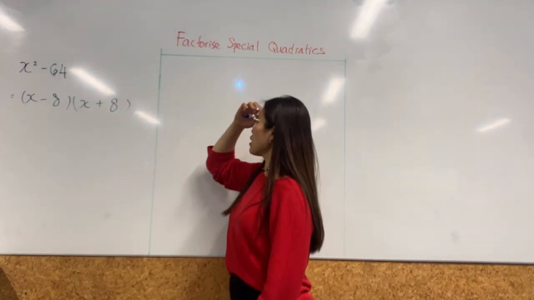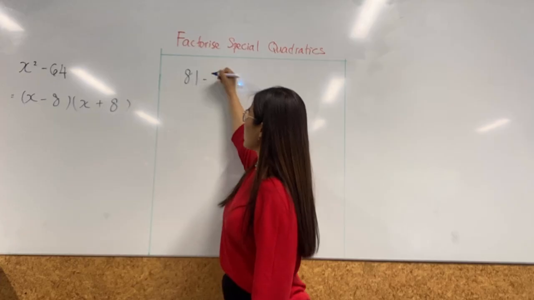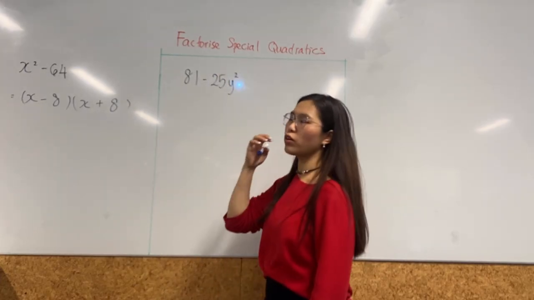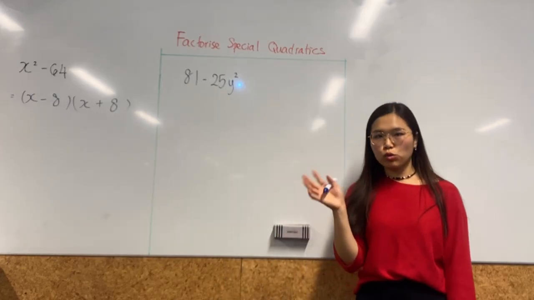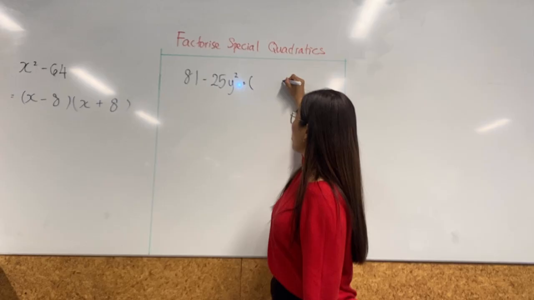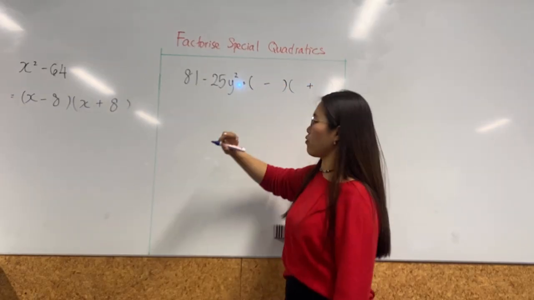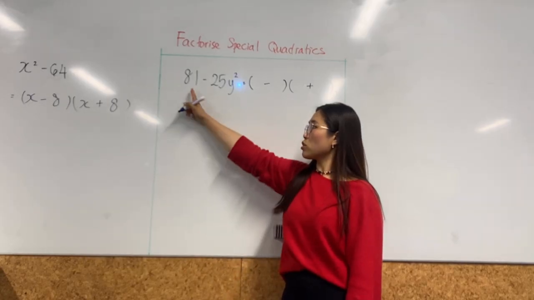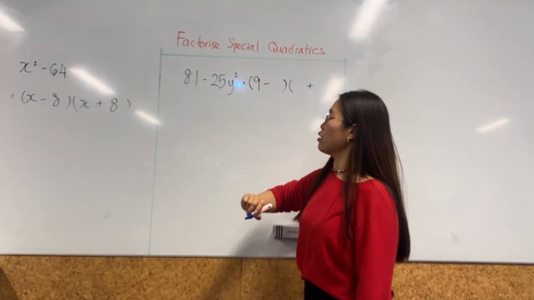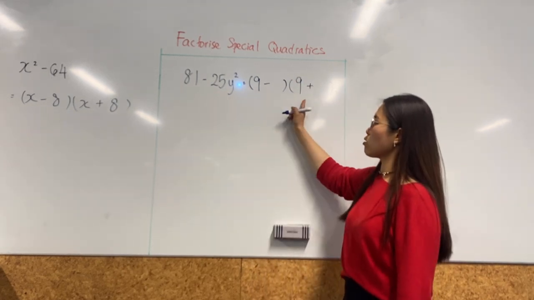Okay, now if we got given 81 take away 25y squared, are they both square numbers? They are both square numbers. So I know it's going to look like the format with a plus and a minus, okay? The square root of 81 is 9, so I'm going to put 9 and 9, because 9 times 9 gives you the 81.